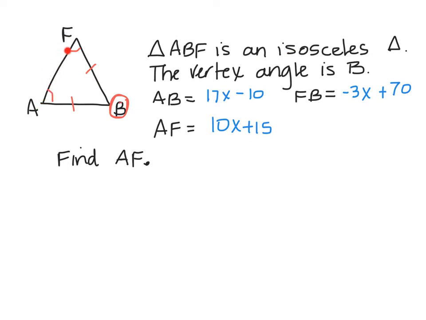Well, I can't really find AF yet because I don't have any idea what x is. I do know that AB and FB equal each other. So AB and FB equal each other. And I'm going to solve this. I'm going to add 3x to this side.